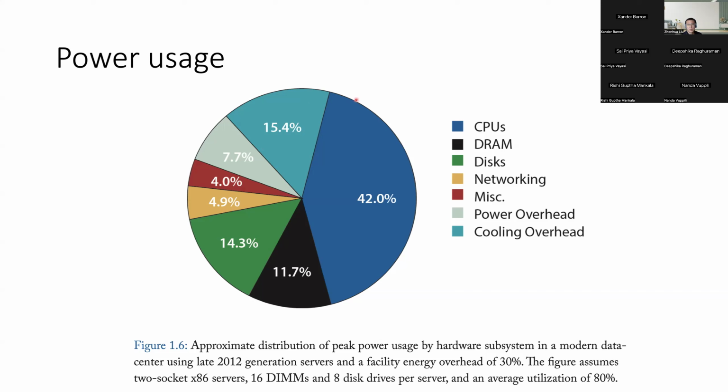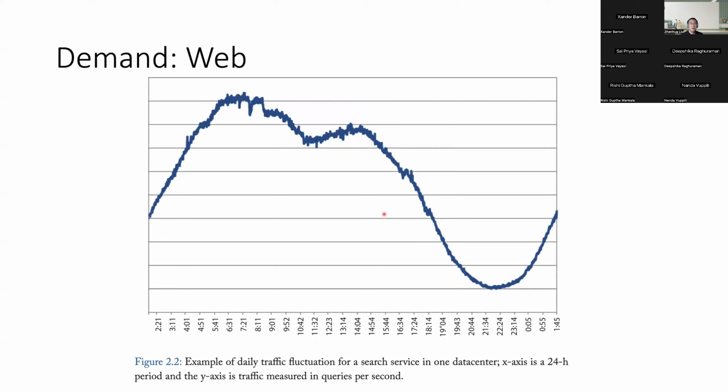But you can also see from here that the CPU is very powerful. This is one example. Demand. The traditional demand, like a web service, looks like this. There is a very strong diurnal pattern, 24 hours.